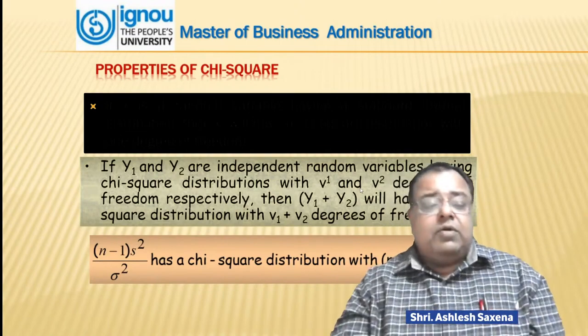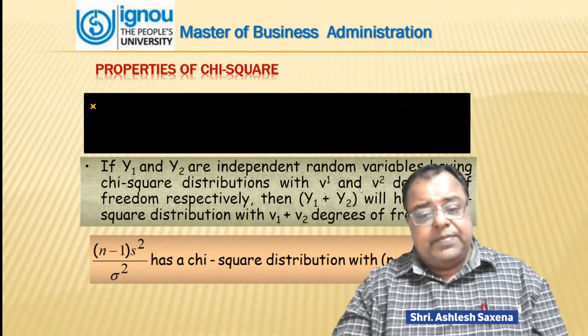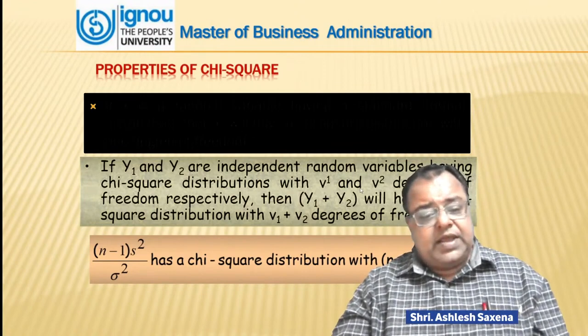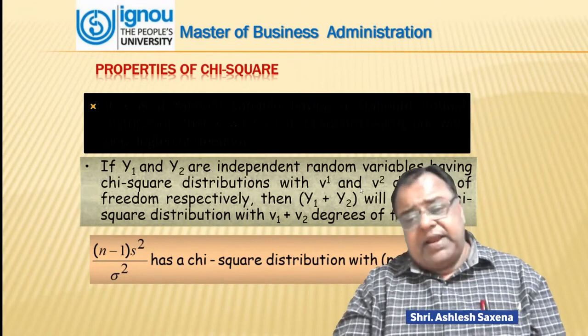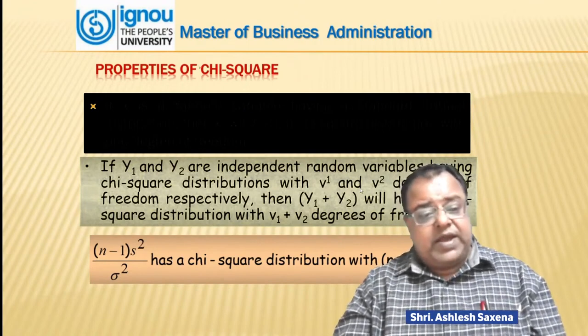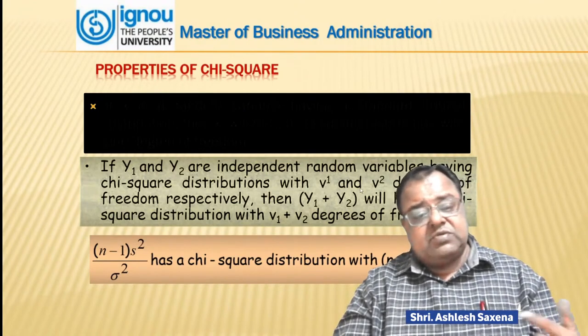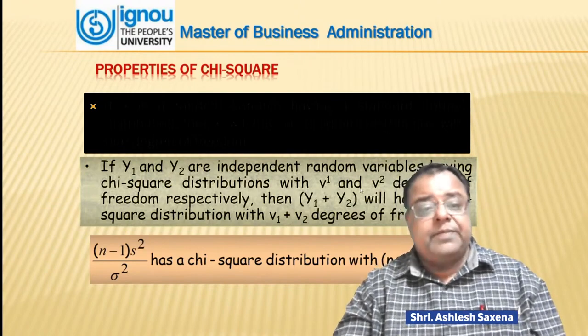That means both degrees of freedom will be added up. And if we have to calculate chi-square with n minus 1 degrees of freedom, then we have to calculate n minus 1 s square upon sigma square.